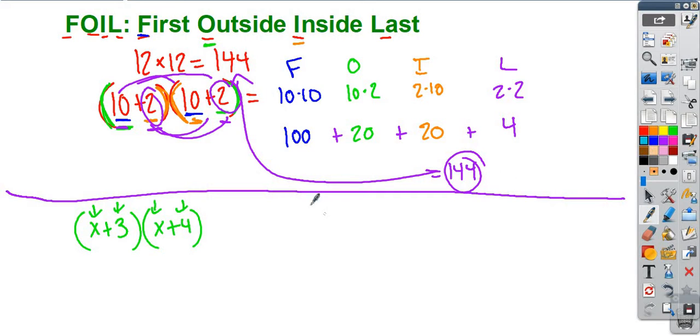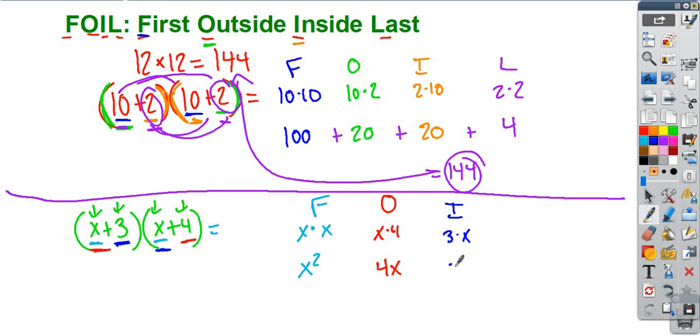Okay, so we'll use FOIL again. First, outside, inside, last. The first term, x times x. Another way of saying x times x is x to the second power, or x squared. The outside terms would be x times 4, and that equals 4x. The inside terms in each parenthesis is 3 times x, and that equals 3x.